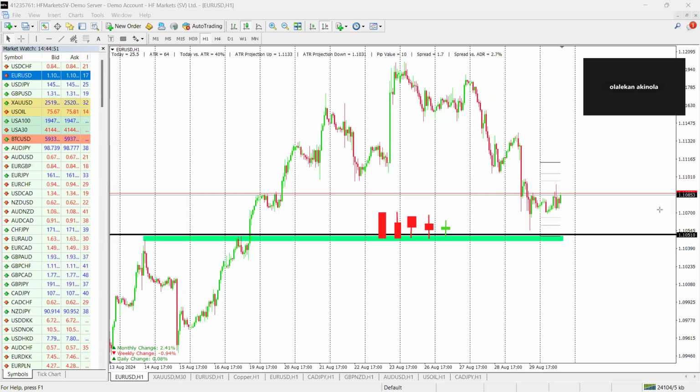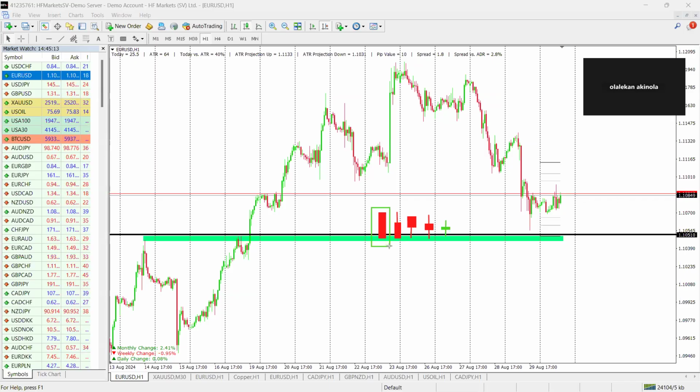Price cannot be testing a level with this kind of candle on your support, and you think it is okay to buy next. It's not okay. That's a full body candle with selling pressure.